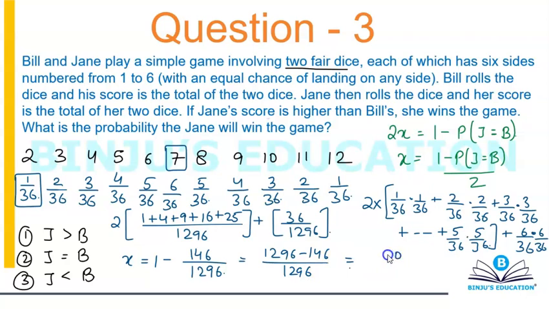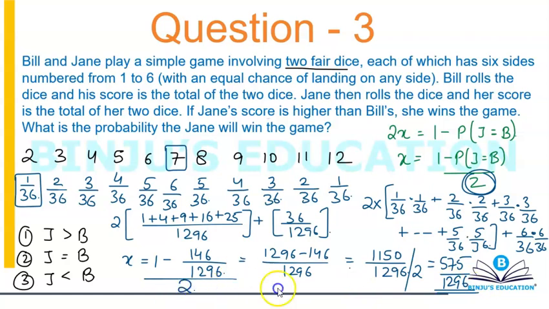This is 0, this is 5, this is 1, this is 1, divided by 1296. And I think this needs to be divided by 2 also. I forgot this 2, I'm sorry. So you can divide this by 2 also. So you will get 575 by 1296. And this is the answer that you're looking for. So let me divide this by 2 also so that you guys don't get confused.